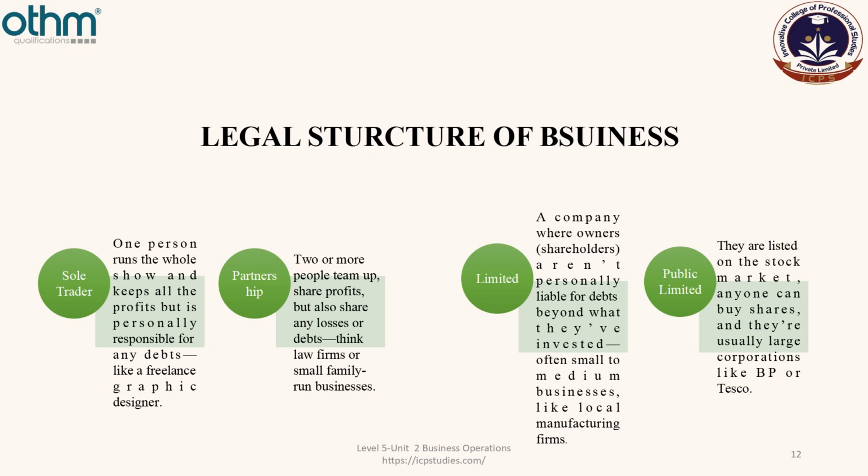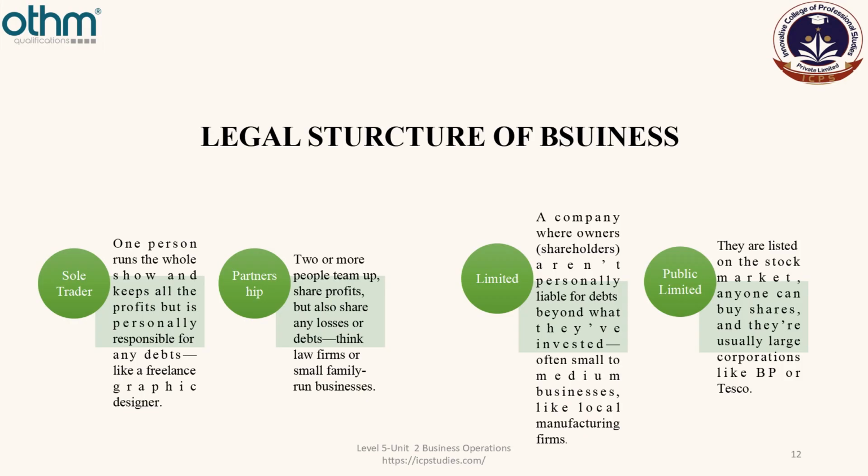Then we have partnership. A partnership includes two or more people like a team, and they share profit but also share any type of losses, loans, or debts. You can think of any law firm or a small family-run business as a partnership. Then we have limited companies.